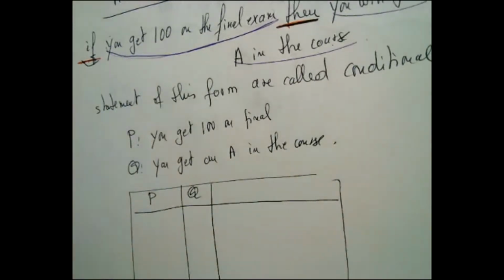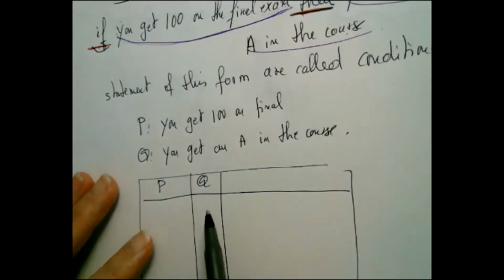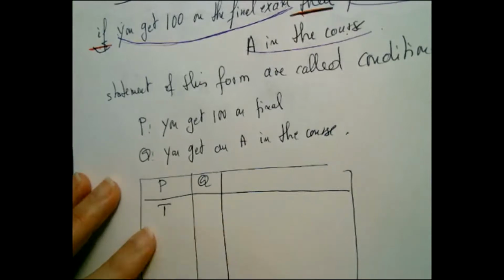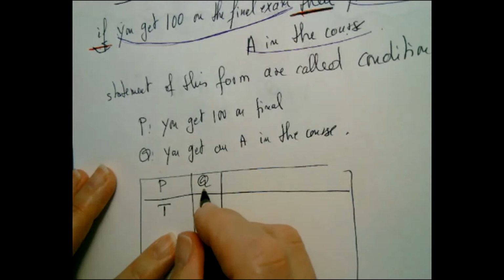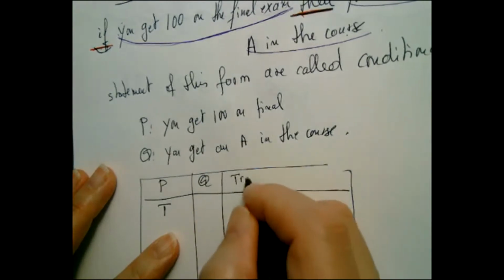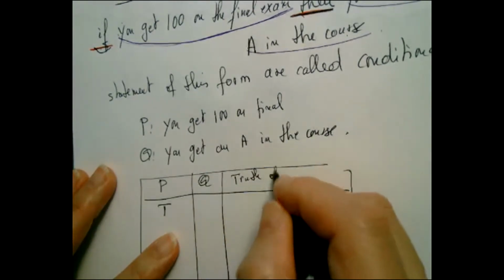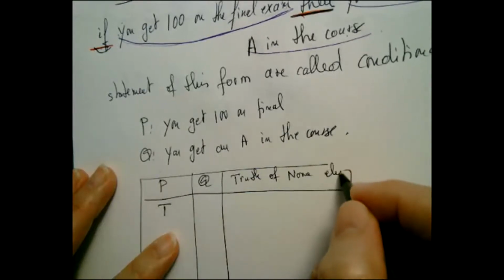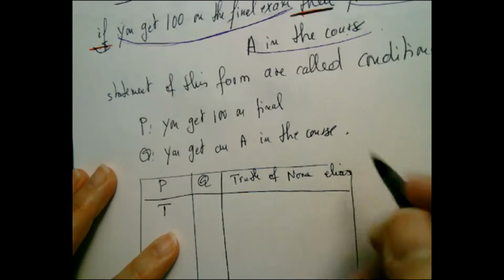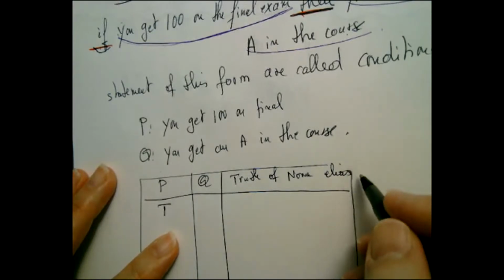Suppose P is true, you get 100 on the final. And Q, and the last piece is the truth of my statement. It means, is my statement true or correct?